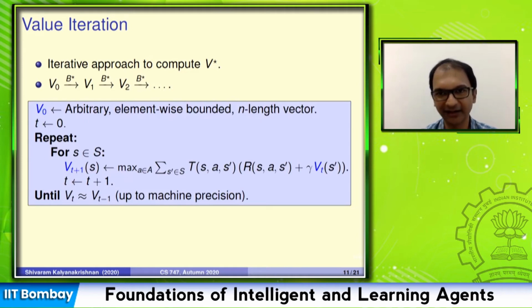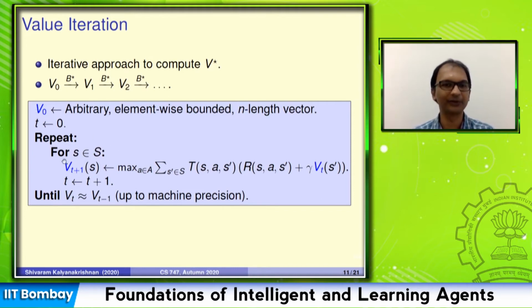If you want, you can write it down as longer form pseudocode. We start out with an arbitrary initialization of our optimal value function. We don't know what it is, so we start with a guess of the optimal value function, call it V0. And then you keep doing this.